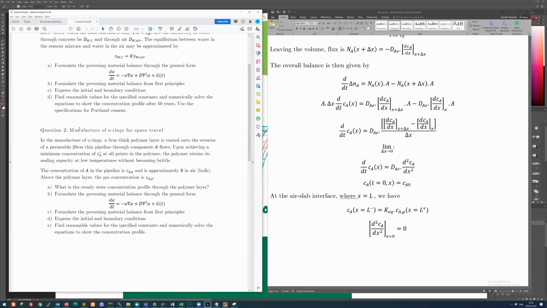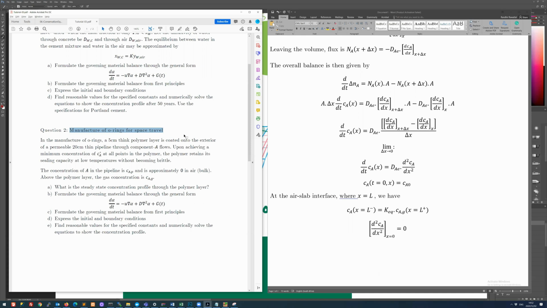So problem 2 talks about the manufacture of O-rings for space travel. And in fact, that's something of a notorious reference. I don't know whether you're up to date with your knowledge of space travel, but the Challenger was a shuttle that exploded very soon after takeoff, and in the investigation, it was eventually discovered that it was the O-rings that were at fault.